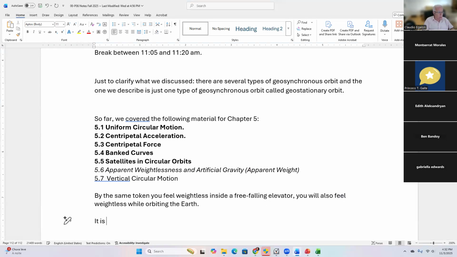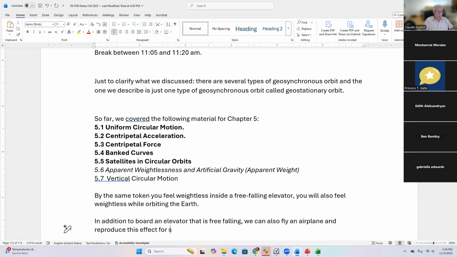In addition to boarding an elevator that is free falling, we can also fly an airplane and reproduce this effect for several seconds.